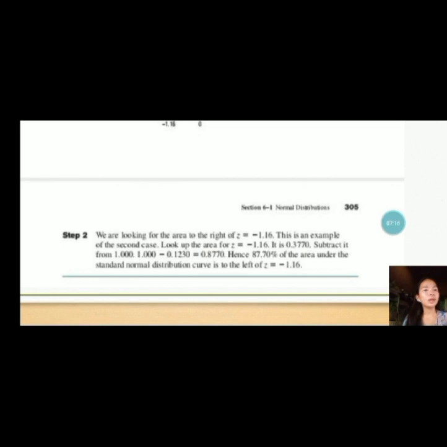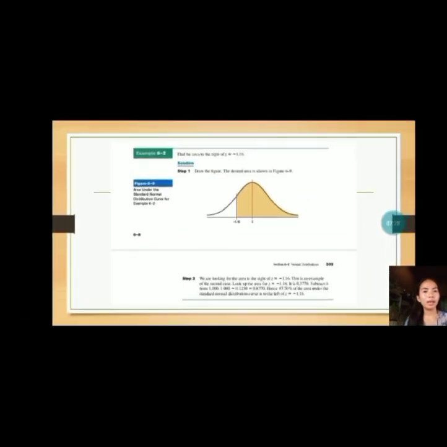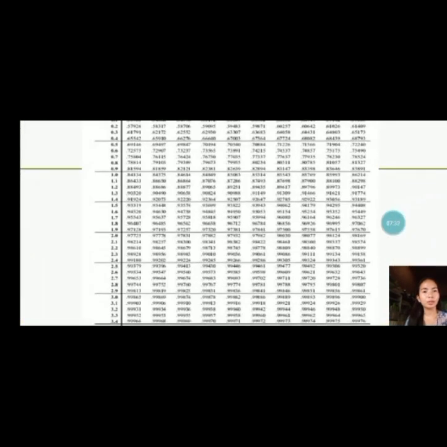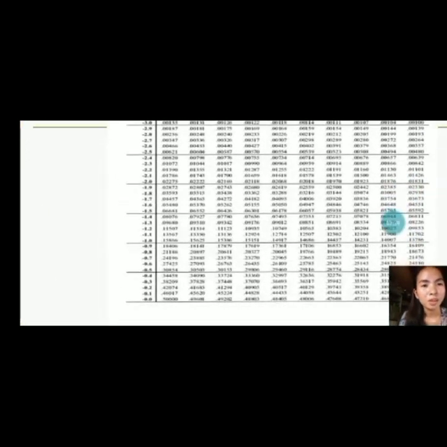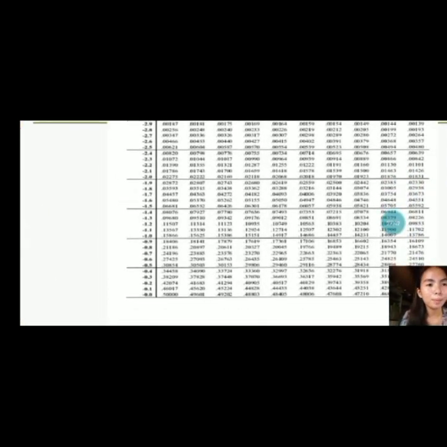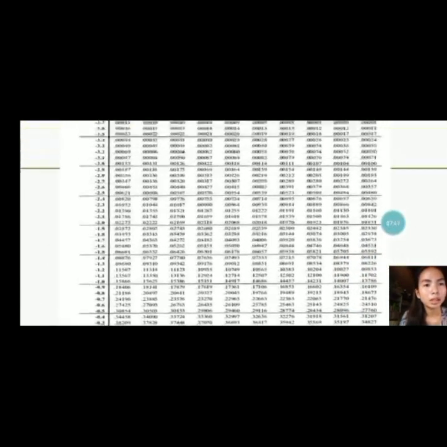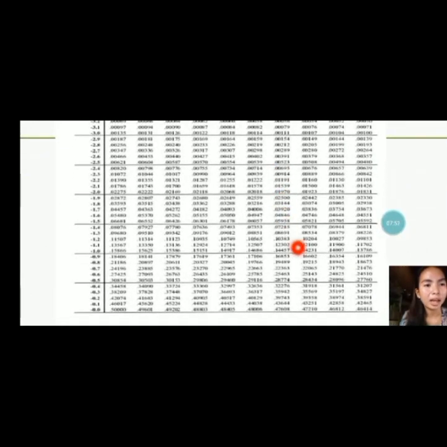Ang 1230 is equivalent siya sa 1.1 nga left side, and then 0.06 sa top. Like this, oh. Ito, 1.1, and then, next, 1.1. Negative man to guys, negative. Dito. 1.1, and then 1.6. 1, 2, 3, 4, 5, 6. 6 na lang. 1.1, and then 1230.